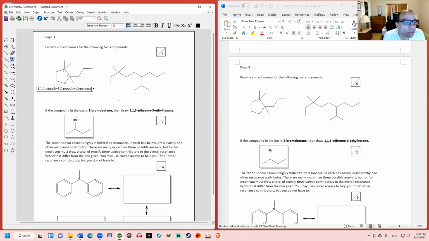This one over here looks like we've got a 1, 2, 3, 4, 5, 6, 7, 8, 9 membered carbon chain. So this is going to be named as a nonane. And which side is the first branch point? I think this end is closer to the first branch point. So we'll start numbering over here.